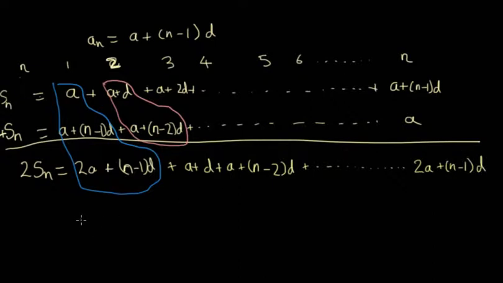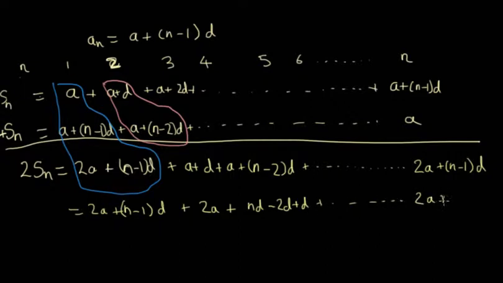Now we're going to tidy this up. We've got our 2a and we've got n minus 1d here. And here we've got plus 2a, and let's break this open. We've got nd minus 2d from here, we're going to add this extra d here, and then way over here we've got 2d plus n minus 1d.